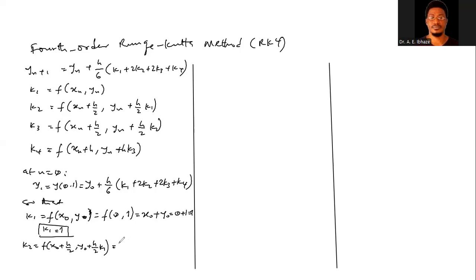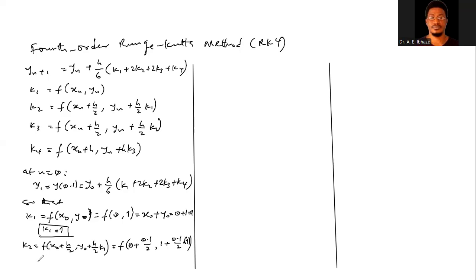So this is going to give us f of (0 plus 0.1, which is the time step, over 2, comma, y0 is 1 plus the time step 0.1 over 2 times k1, which is 1).